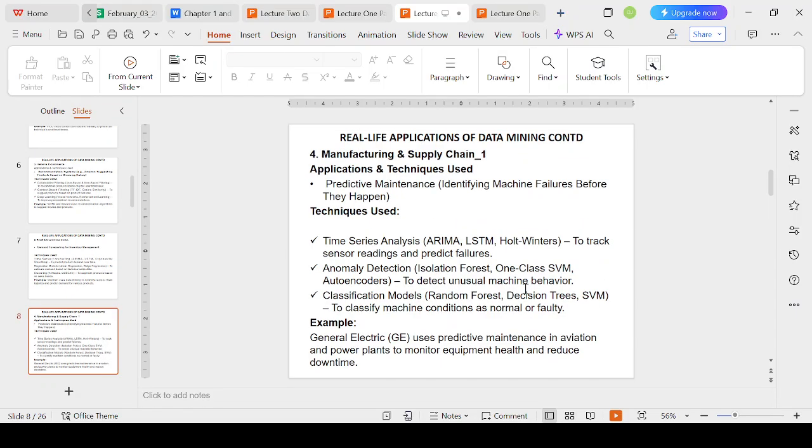Manufacturing and supply chain. Predictive maintenance, identifying machine failures before they happen. Time series analysis, ARIMA, LSTM, Holt-Winters to track sensor readings and predict failure. Anomaly detection, isolation forest, one-class SVM, autoencoders to detect unusual machine behavior.